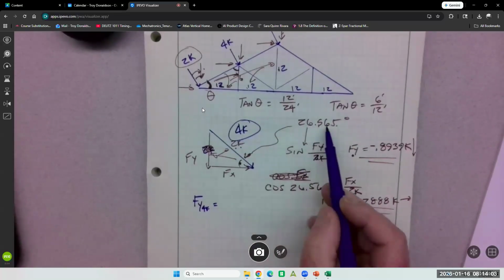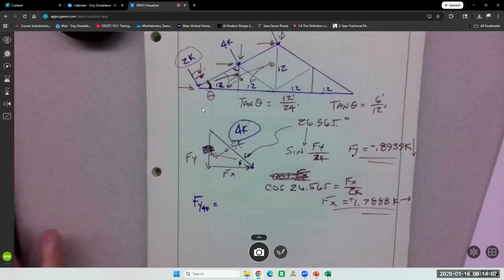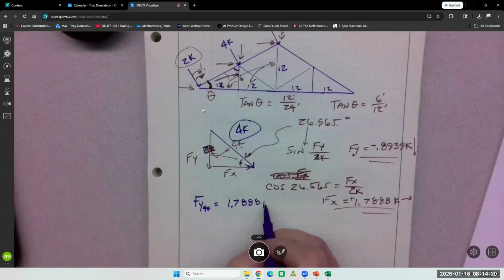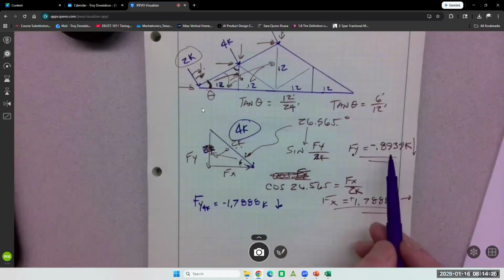So it's going to be the sine 26.565 times 4K, which is 1.7888K. And that is also down, negative. So it makes sense that it's double.